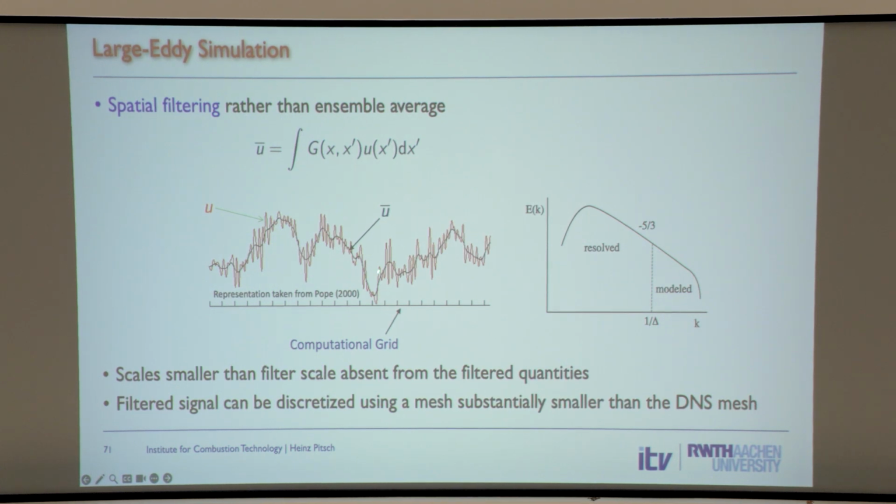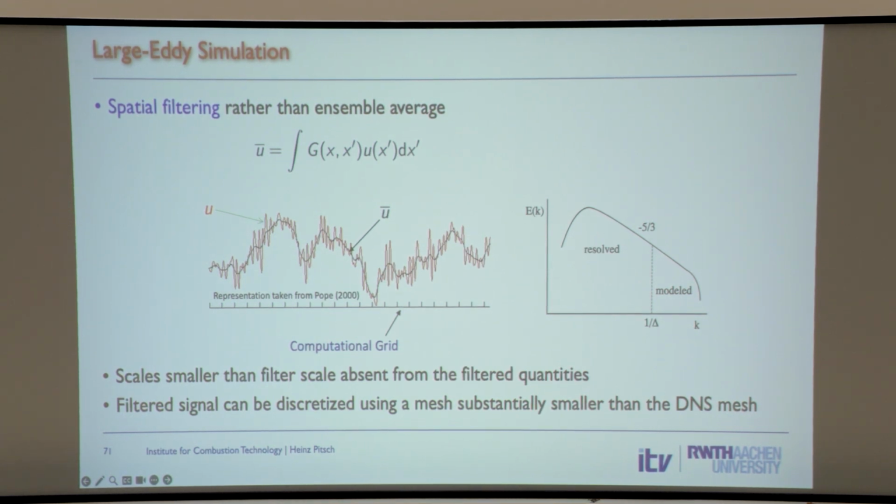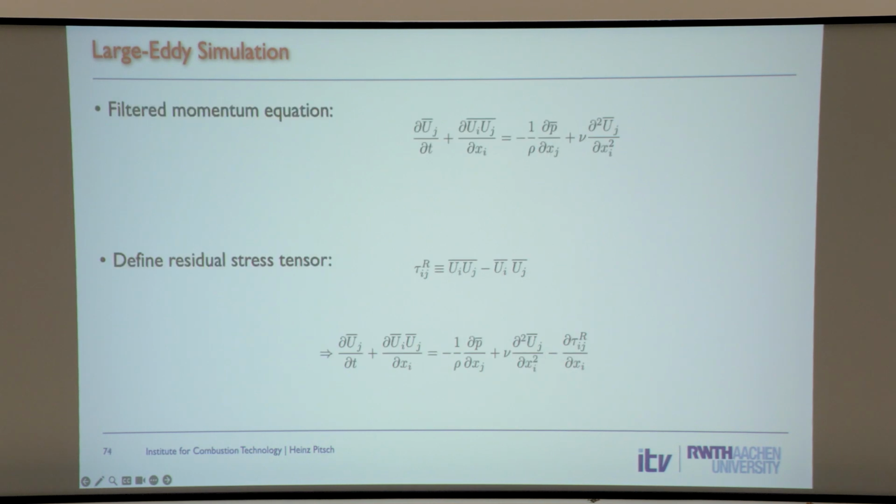For the black signal you need a much coarser mesh. Typically you make a filter that has a size large enough so that the resulting resolution you need corresponds to the money you have in your pocket, so that you can afford to do the simulation. There are different filters that are used, which has some consequences, but maybe we don't need to discuss this here.